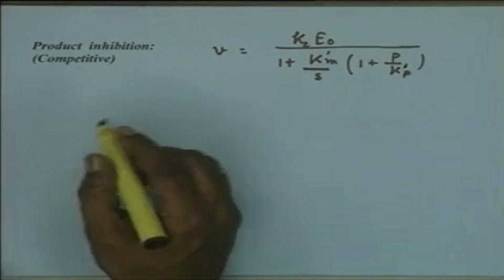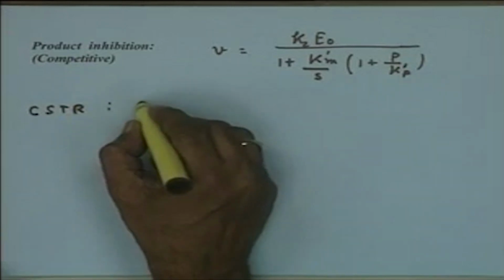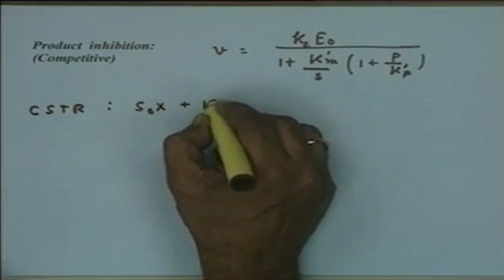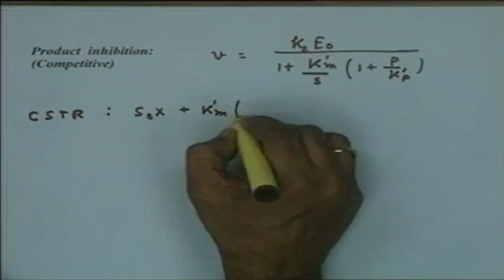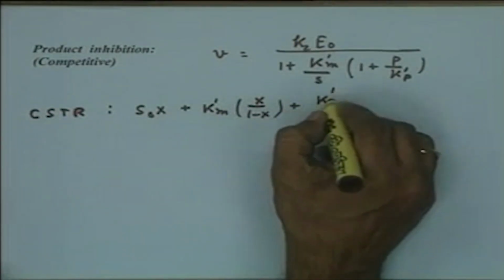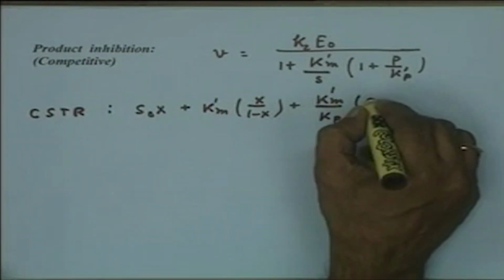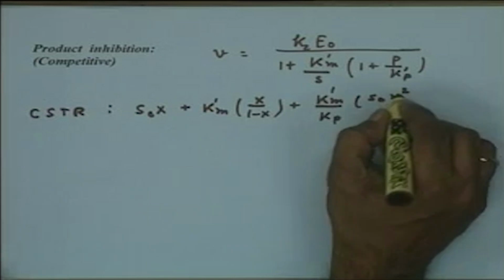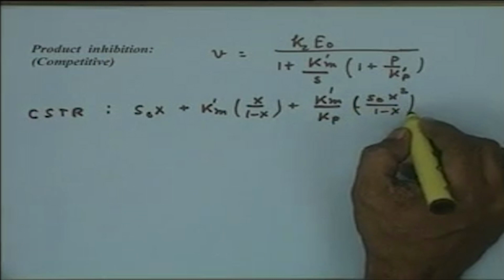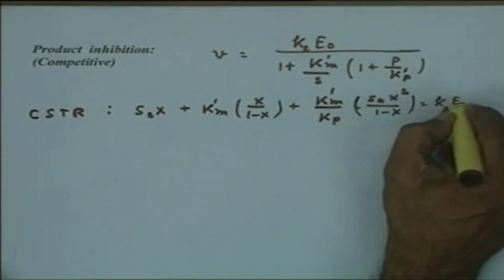Now, in this case also one can write down the reactor performance equation for CSTR as: S0 x plus K'm x upon 1 minus x plus K'm upon Kp S0 x square upon 1 minus x, equals K2 E0 tau.